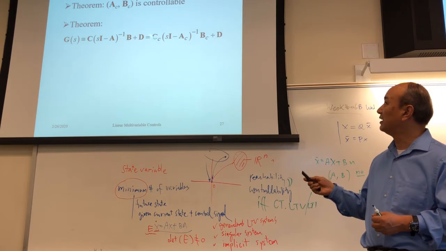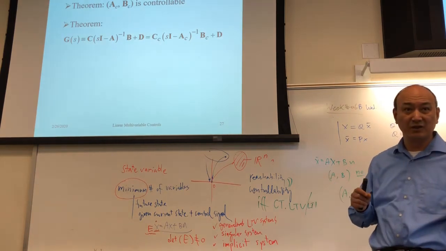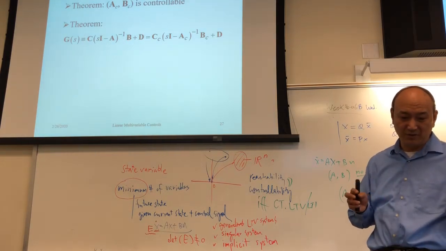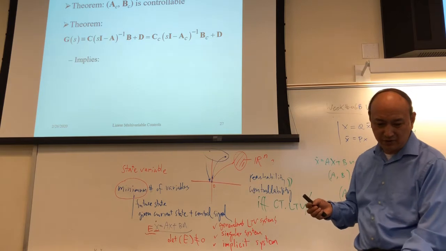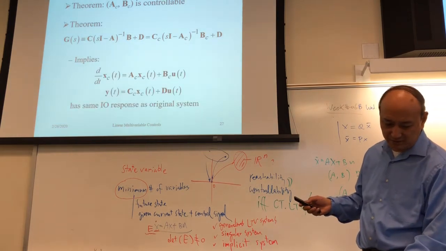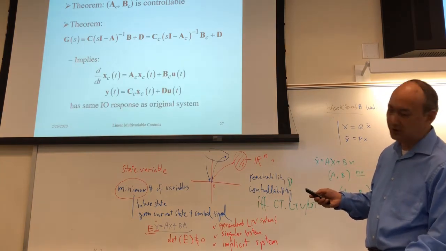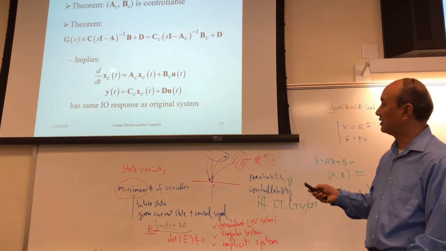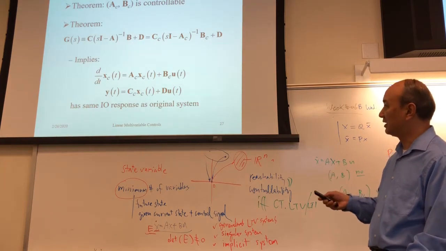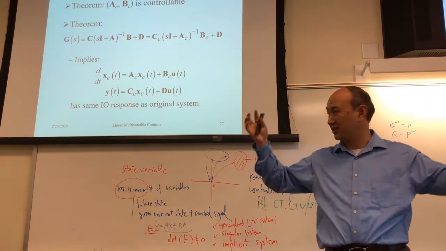But in the end, this will give the same transfer function. In other words, although you have uncontrollable parts in there, from the input-output point of view, this subsystem AC, BC, CC, D has the same input-output response as the original bigger system.